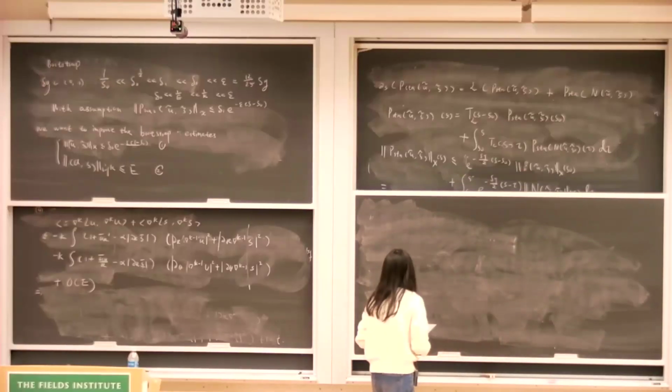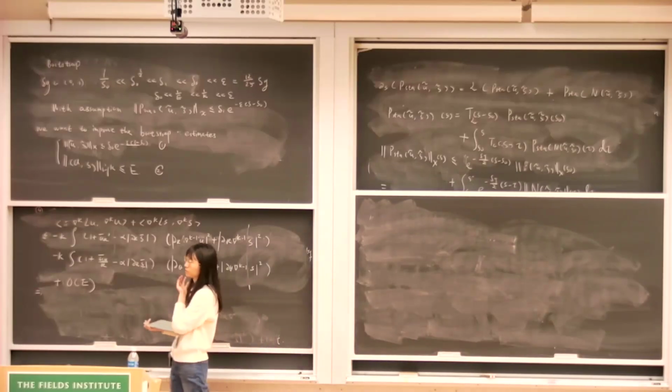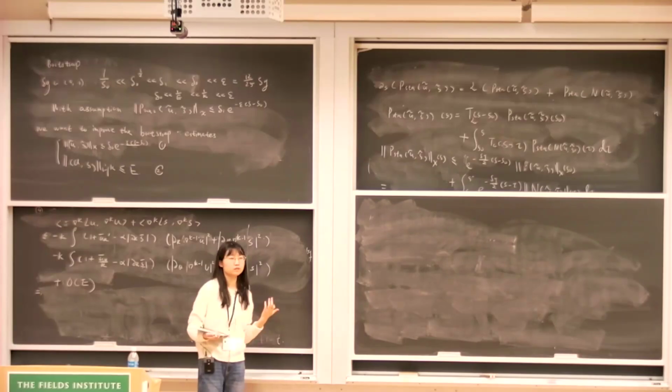So what is the argument? Of course not every initial data will give you stability, because of the finite codimension stability.